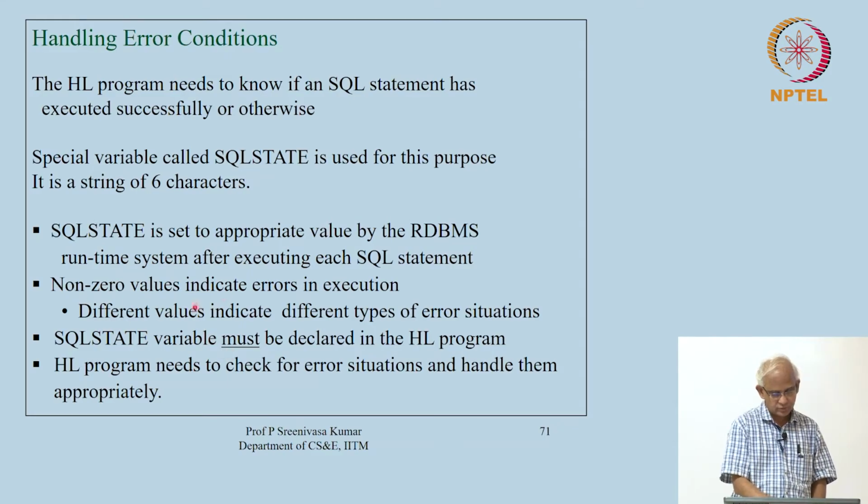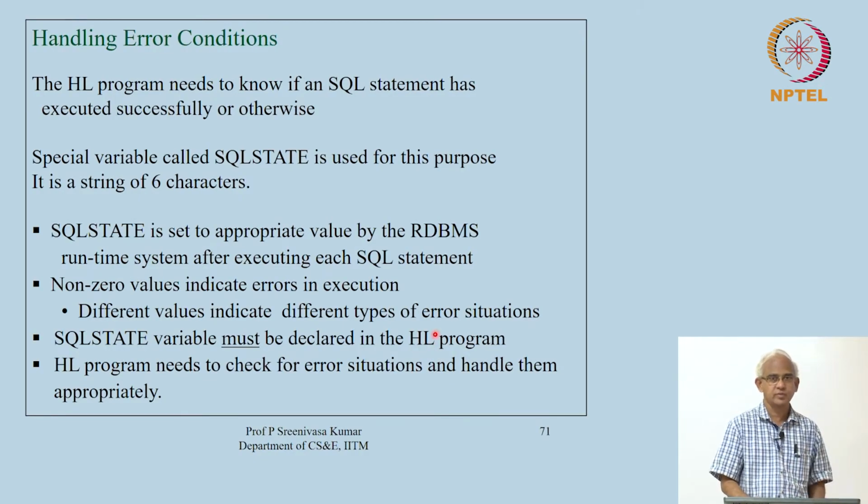Non-zero values indicate errors in execution, and it is part of the standard what those non-zero values stand for. You must refer to the standard to figure out all that, and then based on that you should put a series of cases and handle the situation. So, SQLSTATE is a special variable and it has to be declared in the declare section.